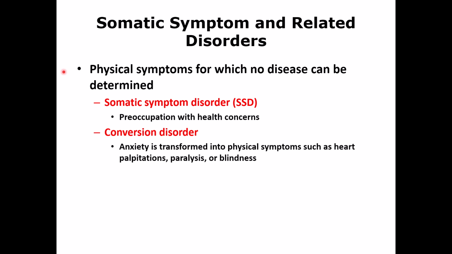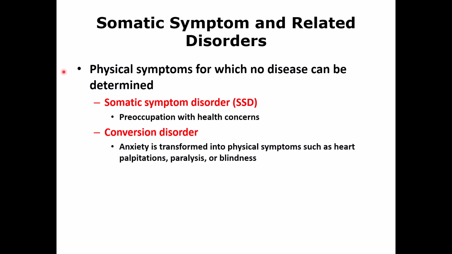Somatic symptoms. So here there is actually no disease, but the person feels or is under stress of having a disease. So there are two types. One is called somatic symptom disorder, and here they are obsessed with their health. For example, they don't want to eat any specific foods. They think that they may get a disease, or they're trying to have a lot of a specific food to prevent a disease, or they have a very mild symptom that may not be important, but they think it is very serious.